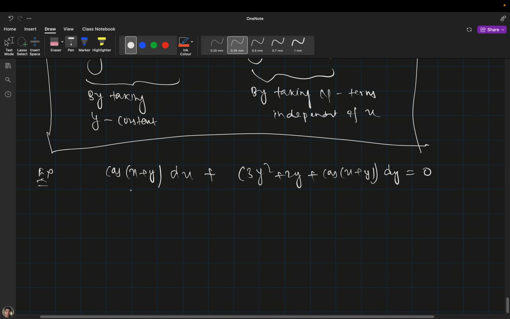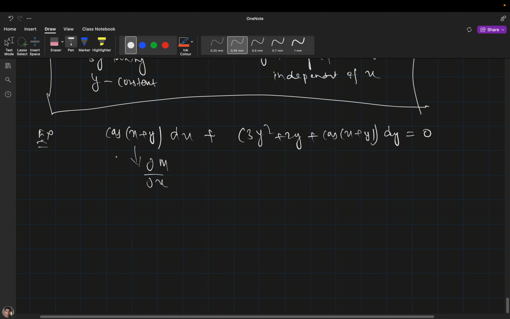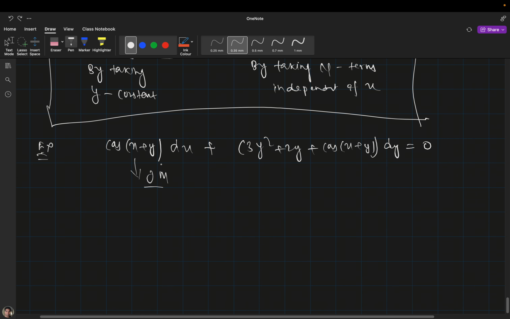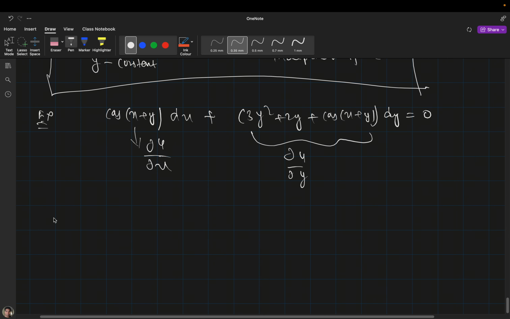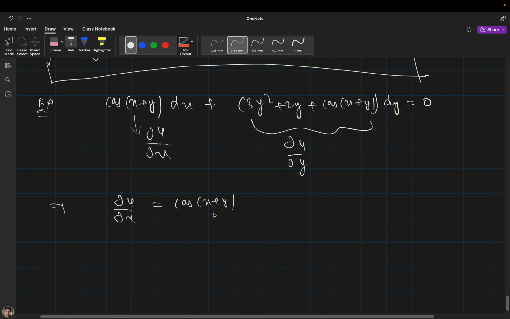The first term is nothing but ∂u/∂x, and the second term is ∂u/∂y. Here ∂u/∂x is cos(x + y).